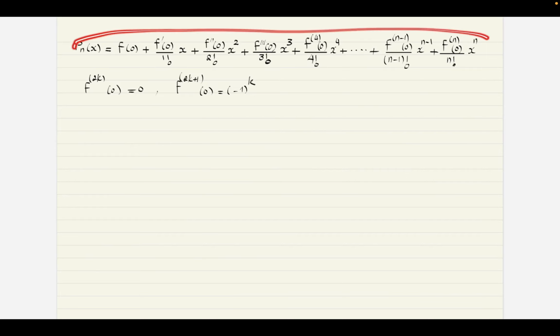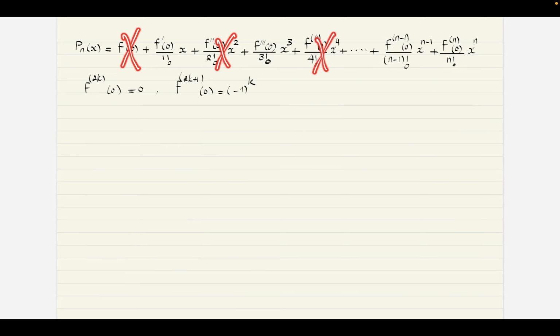So this is our Maclaurin polynomial of order n, and we know that the even order derivatives at 0 are all 0, and the odd order derivatives at 0 are minus 1 to power k, where k is this number. So you see that we don't have any problems with even orders. This will be gone, this will be gone, this will be gone. But the problem here is that we don't know what n is, because n might be even or odd.